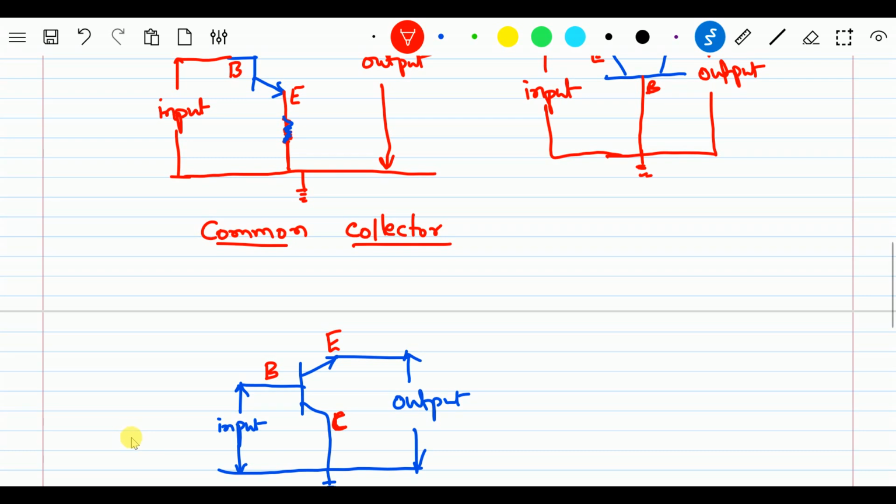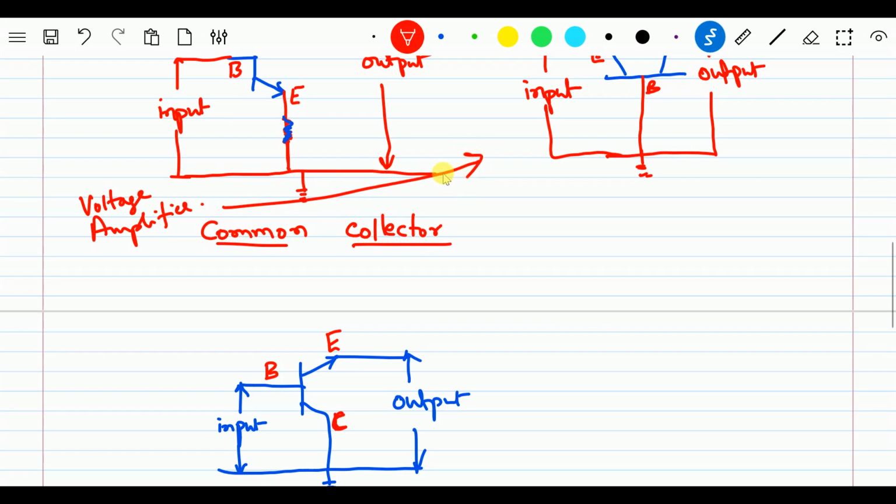These are the three different configurations we make using a BJT so that we can design certain amplifiers. As I said, the common emitter is normally used for voltage amplifier designs. The common base can also be used for the same purpose.